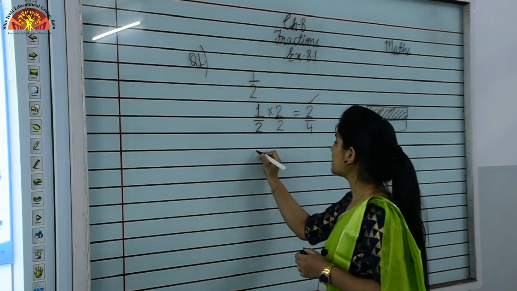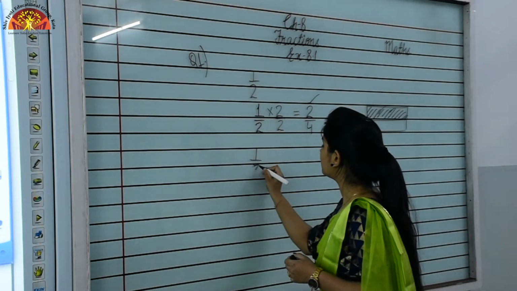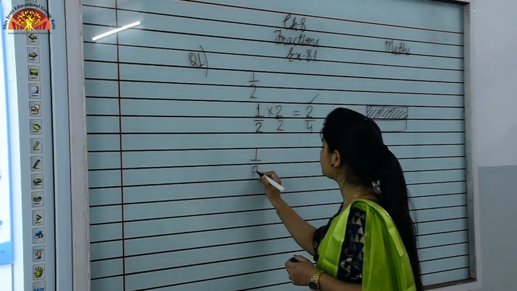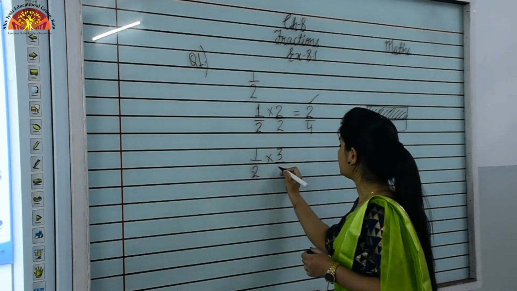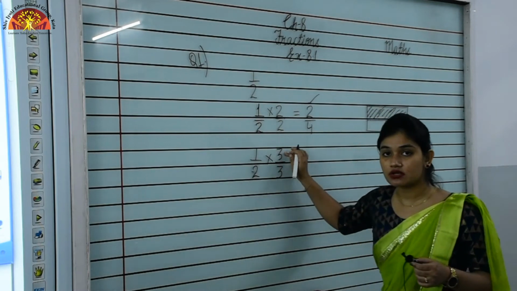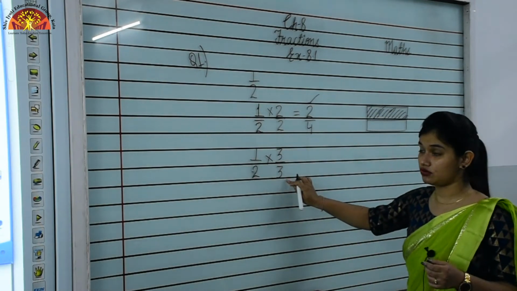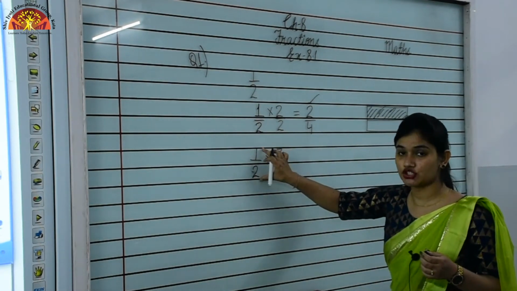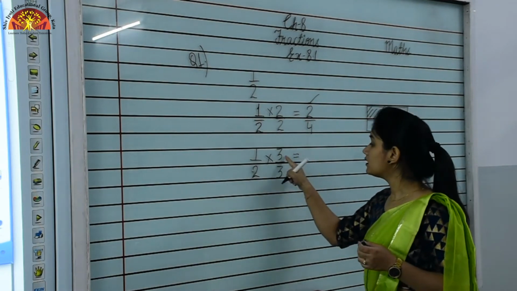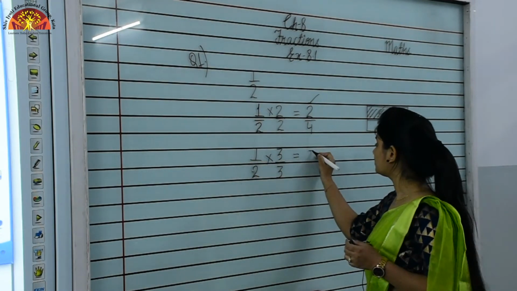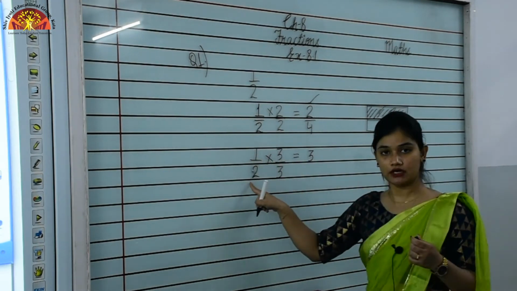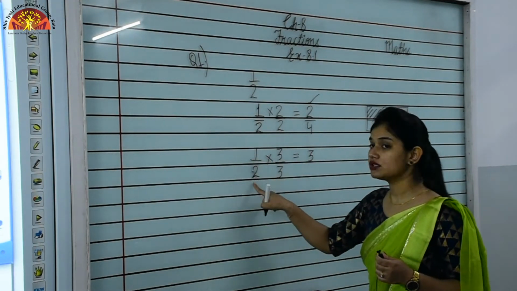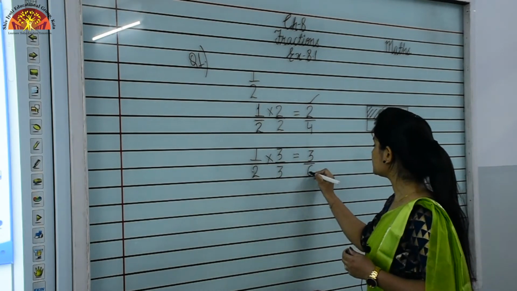Okay. Now the next thing I am doing, I am multiplying this fraction by 3. 3 upon 3. In the numerator also and in the denominator also I am multiplying this fraction by 3. So now 3 1s are 3, you will multiply numerator by numerator and denominator by denominator. And 2 3s are 6.